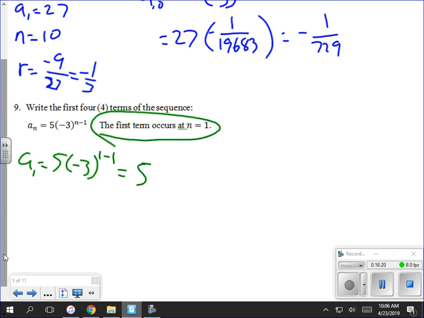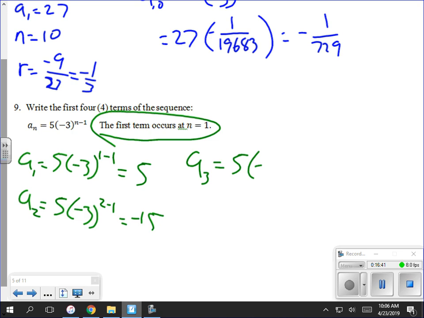Okay. A sub 2, 5 times negative 3 to the 2 minus 1 power, negative 15. Plug in 2 for your exponent, 2 for n. Okay. A sub 3, the third term, 5 times negative 3 to the 3 minus 1 power. 3 minus 1 is 2, negative 3 squared is 9, times 5 is 45.